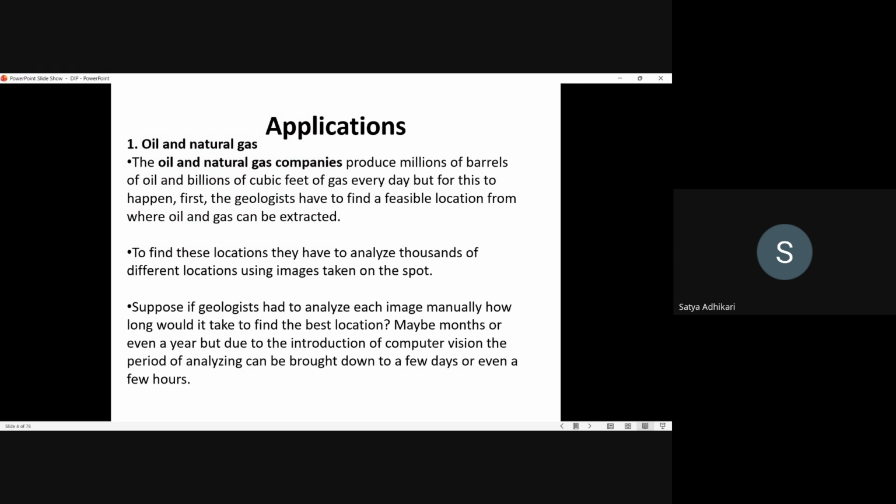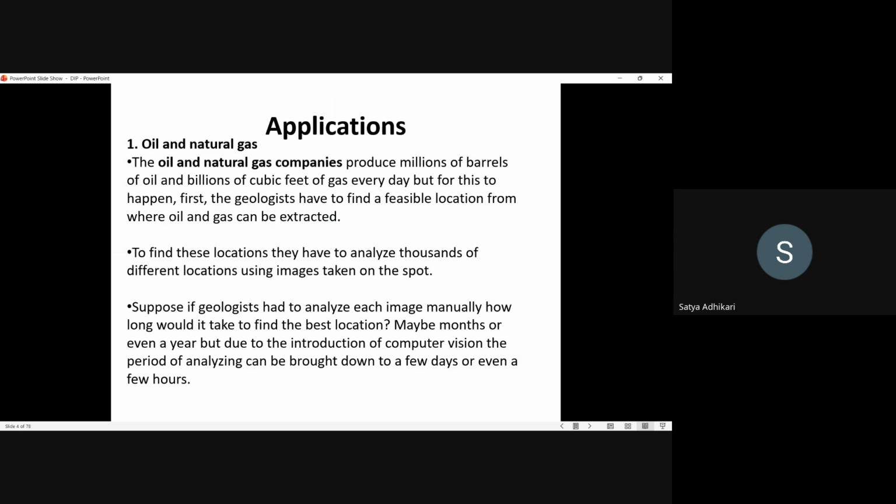Oil and natural gas. The oil and natural gas companies produce millions of barrels of oil and billions of cubic feet of gas every day. But for this to happen, first the geologists have to find a feasible location from where oil and gas can be extracted.